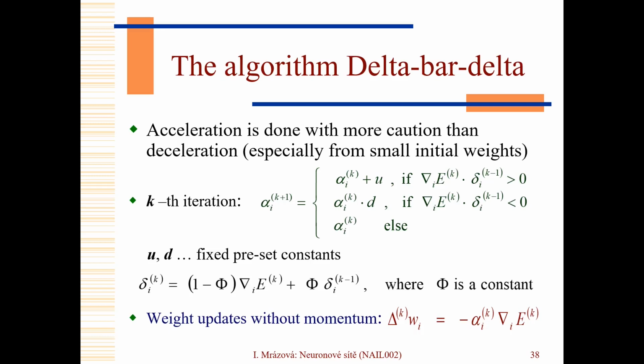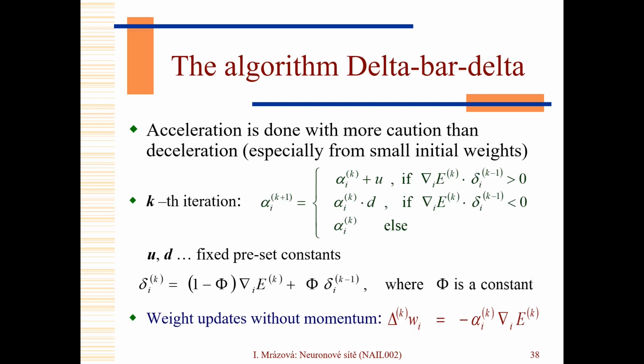So for the kth iteration, the delta bar delta algorithm uses the change in local learning rate parameters just by adding a small value. So the growth occurs not exponentially, but in a linear way. For deceleration, we use the exponential decreasing of the learning rates.